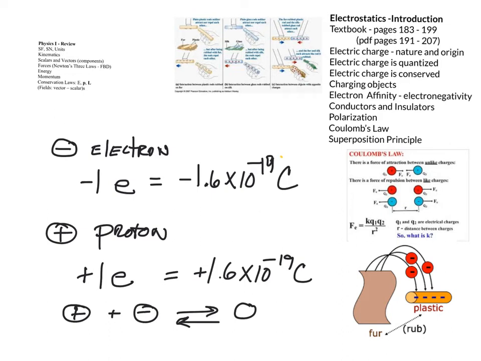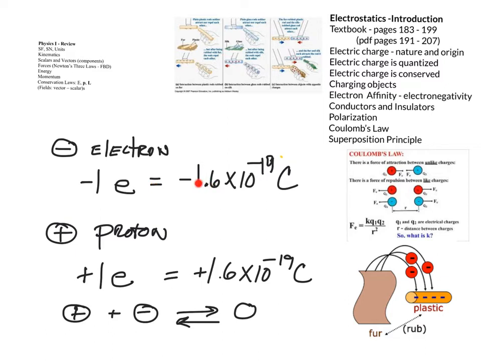So, once again, excluding quarks, the electron is the smallest unit in nature of negative charge. We give it a charge unit of e. That's the charge on the electron. This little e doesn't mean electron. It's a symbol for electronic charge. It's the symbol for that fundamental unit of charge in nature.